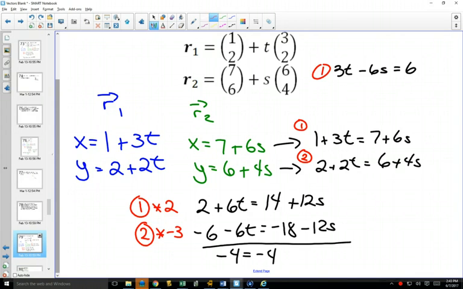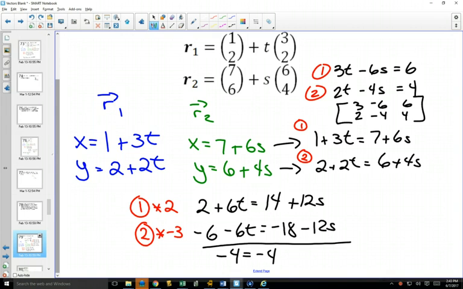Are you okay with equation 2 becoming 2t minus 4s equals 4? Put this into your calculator as a 3 by 2 matrix. 3, 6, 6, 3, negative 6, 6, 2, negative 4, 4, and rref it. See what happens. What do you think's going to happen?